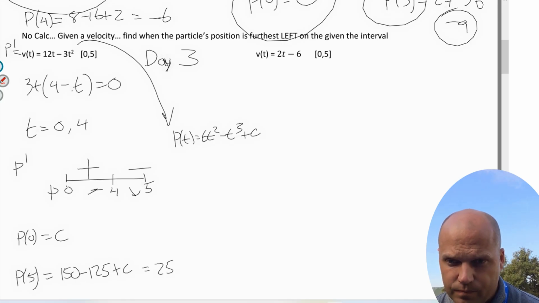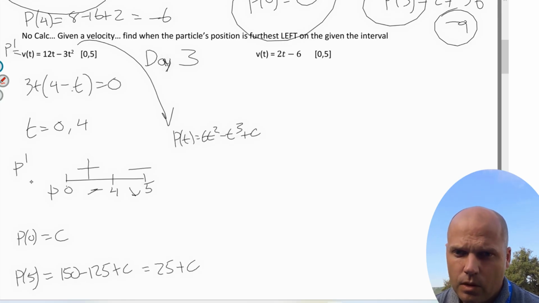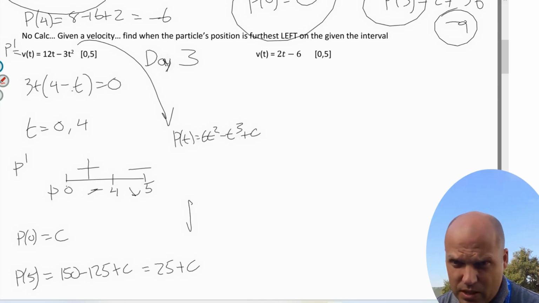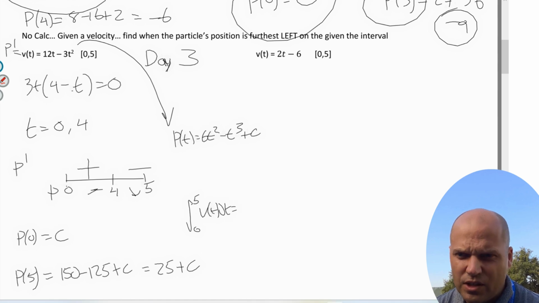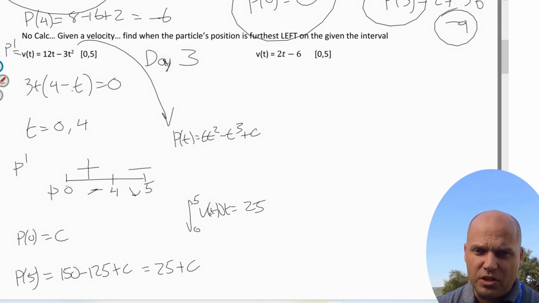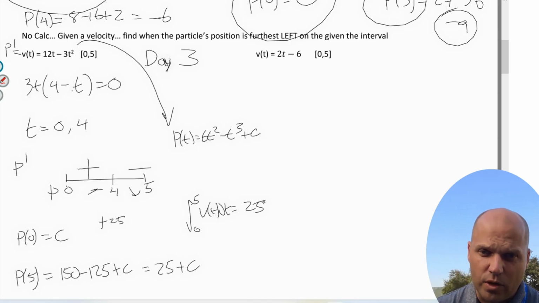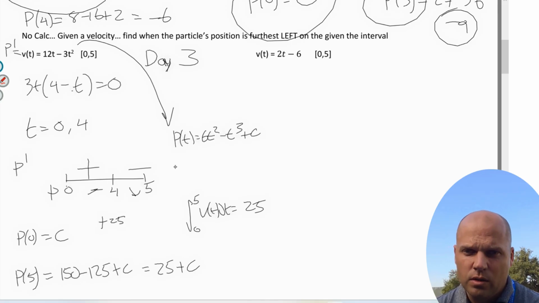You could say that your furthest left is either 0 or 5. You could say that your displacement, or the integral from 0 to 5 of v, is equal to positive 25, which means you ended up 25 to the right of where you started. Therefore, P of 0 is the winner.